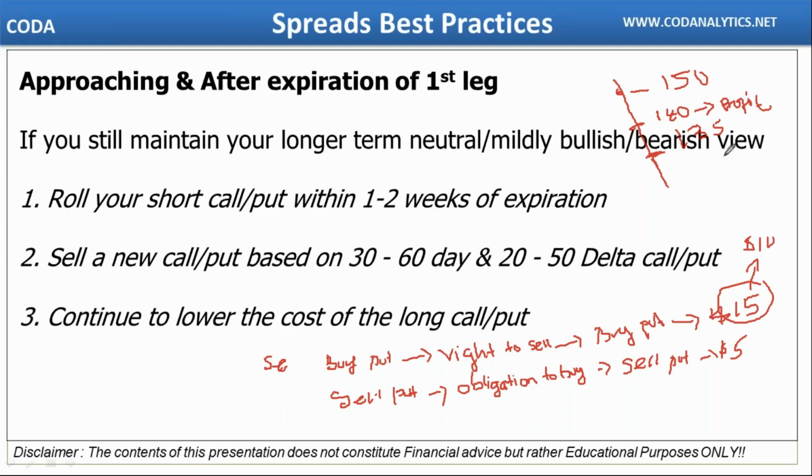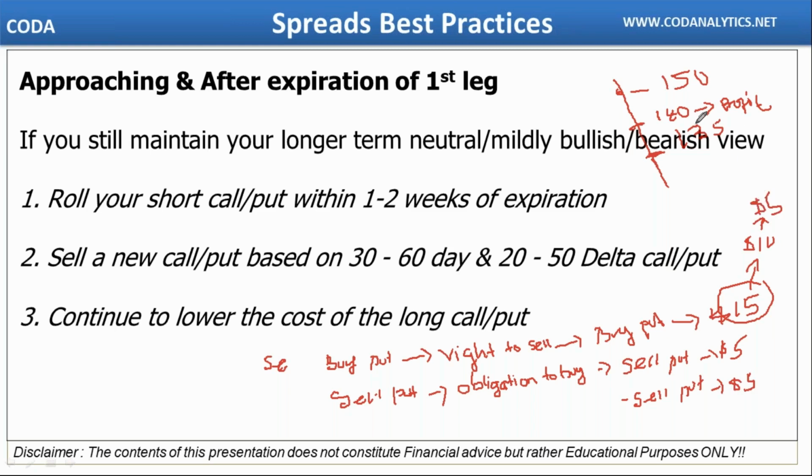Then if the conditions still hold and this one has expired worthless, I go ahead and sell another put. For this one also, for example, I get another $5. So the cost is reduced from $10 to $5.